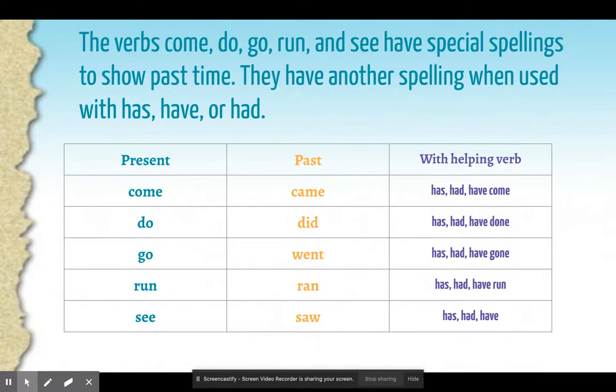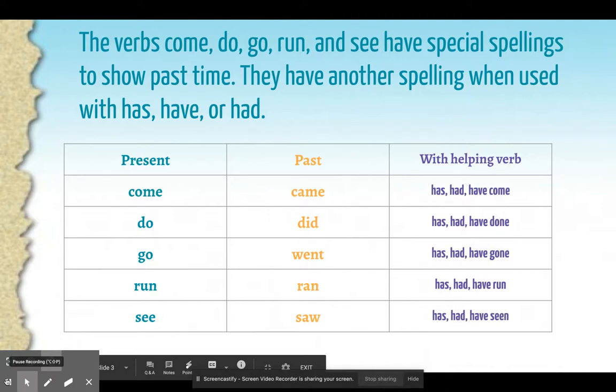For run, the past tense is ran, but it could also be has run, had run, have run to show past tense. And for see, the past tense is saw, but it could also be has seen, had seen, or have seen.